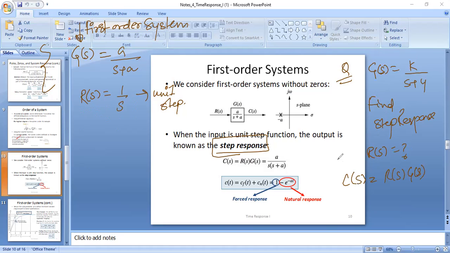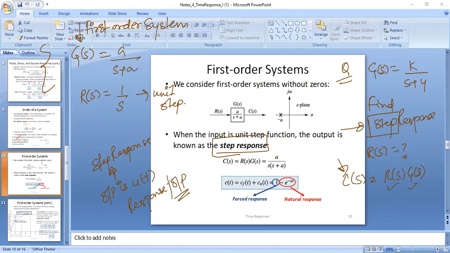To find C of S, you need two values, and you did not give me the value of R of S. Step response means your input is unit step, 1 over s, and you have to find the response or output for that.